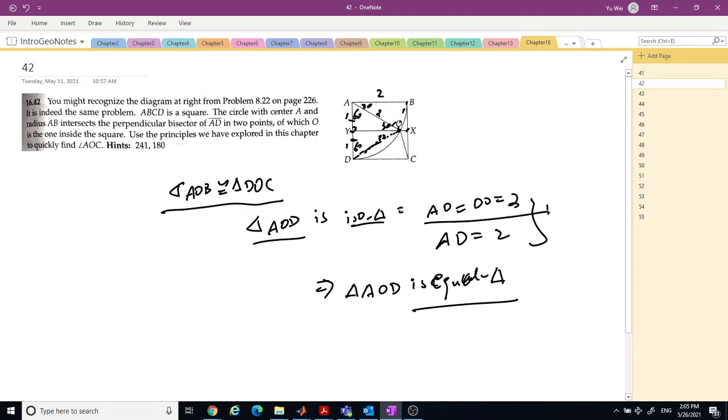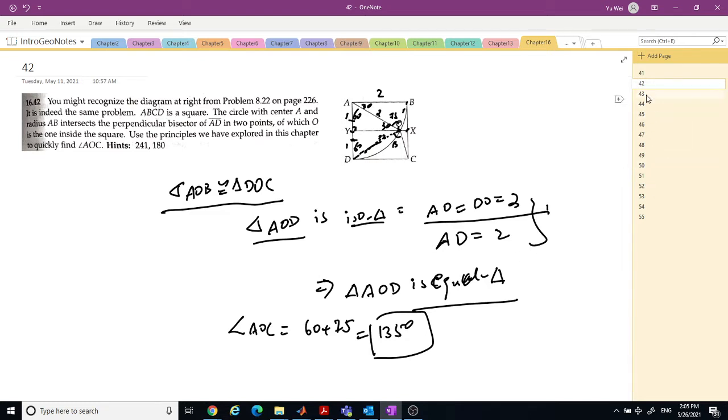This is 75 degrees. So that's why the angle AOC is equal to the 60 degrees plus the 75 degrees, which is 135 degrees. If you just connect DO and CO, you can see the symmetry. This is how we solve this problem.